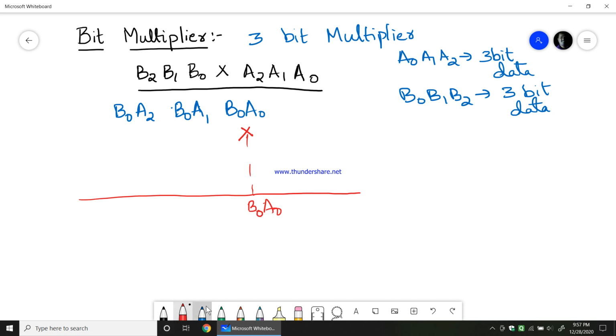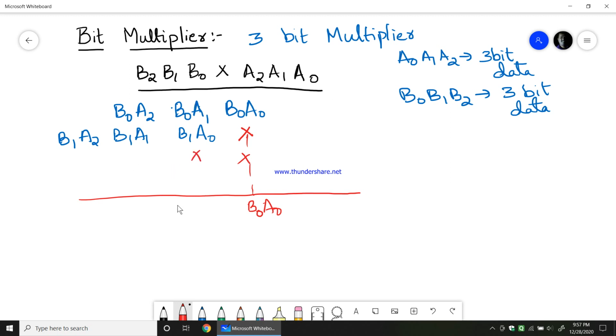Now the next multiplication is A0, A1, A2 multiplied with B1, which we need to do now. Therefore, you will have A0B1, A1B1, and then A2B1. Now the next is this and this, so I will be writing this result.